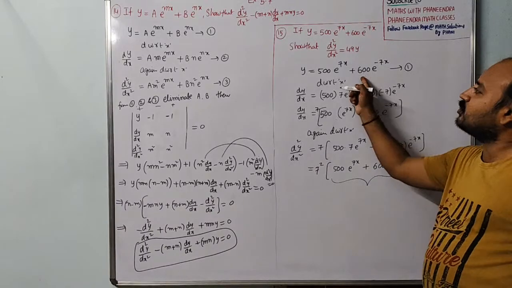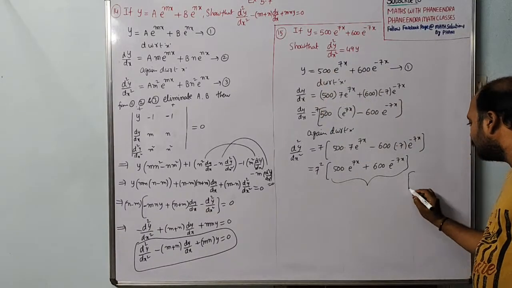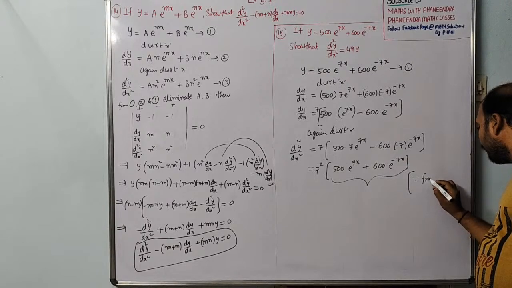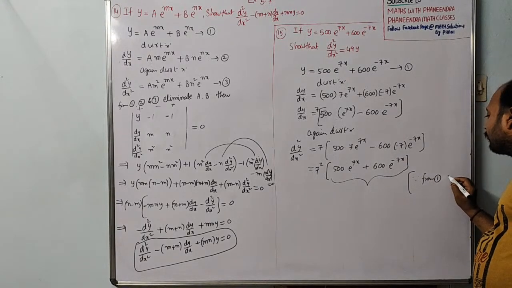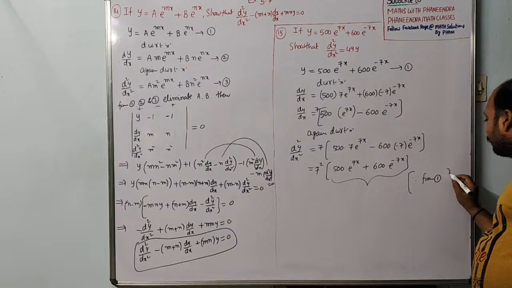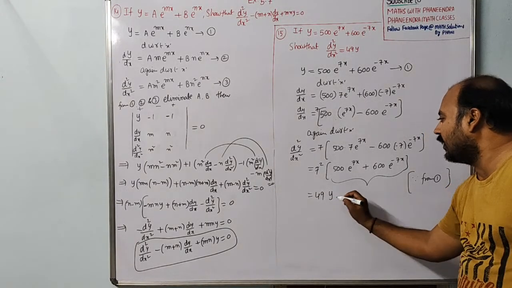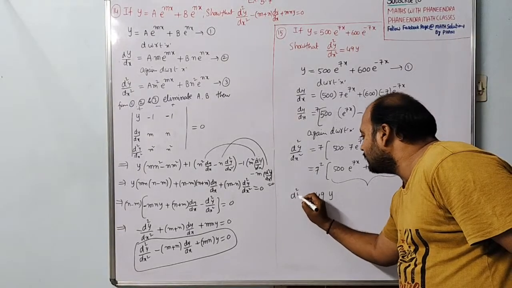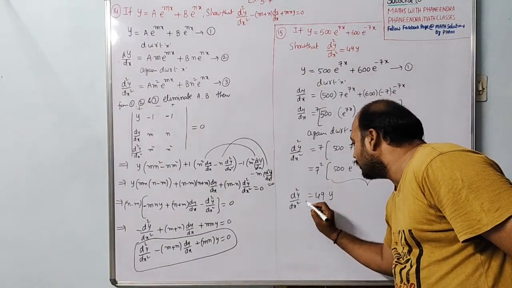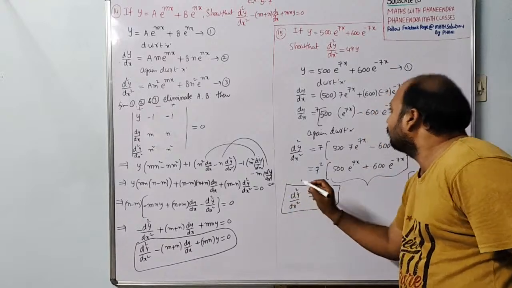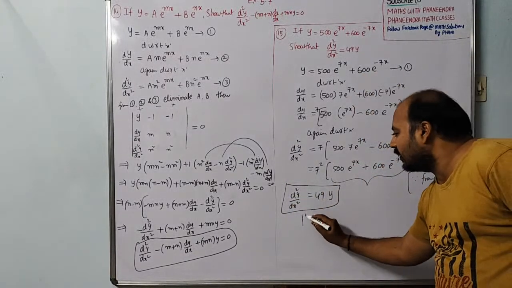This value is equal to, from equation 1, is equal to y. So 7 square means 49 into y. So therefore d square y by dx square is equal to 49y. They are asking to prove this result only, hence proved.